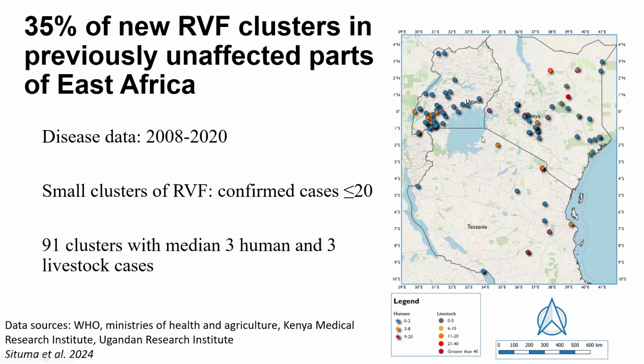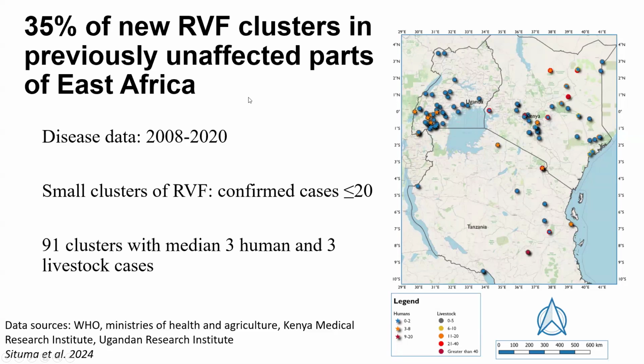My colleagues actually collected this data. And Kenya is a region where the disease is endemic, whereas in Uganda, until recently, they had not observed cases of RVF. I think the first case of RVF that they observed there was in 2016. So it's a pretty recent disease there.